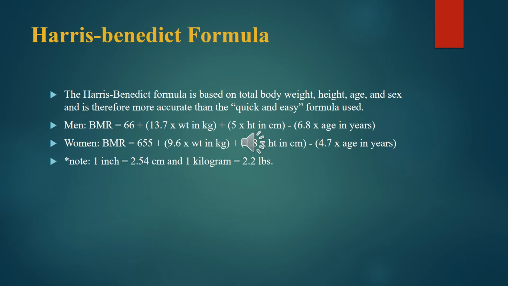There are different equations that are used to measure energy expenditure, including the Mifflin equation or the WHO energy expenditure equation, and mostly we use the Harris-Benedict equation, in which we have different equations for male and female.